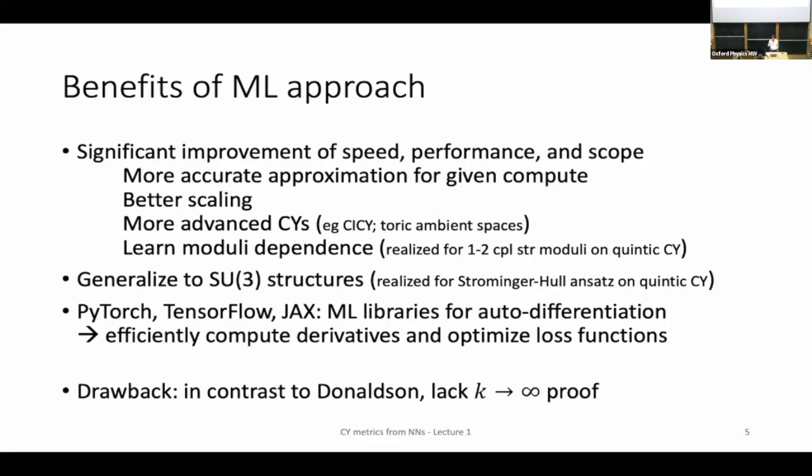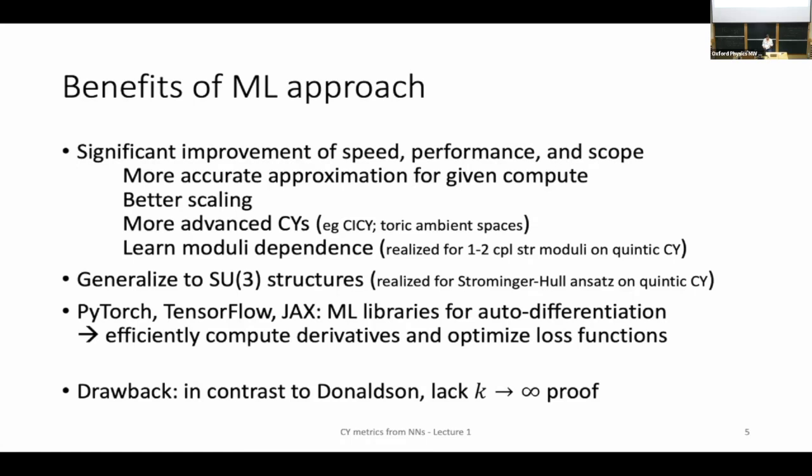Also, there's a scaling problem with these traditional methods, this need for symmetry. The basis that we expand everything in blows up, and we need to restrict that. That's a problem, and you don't have it for machine learning.